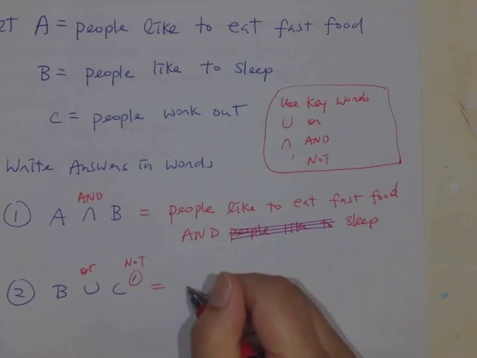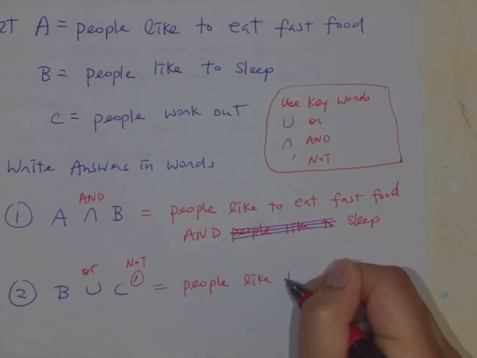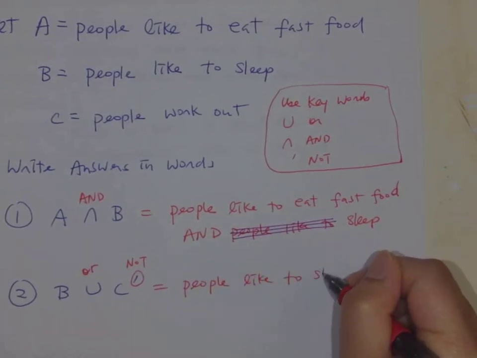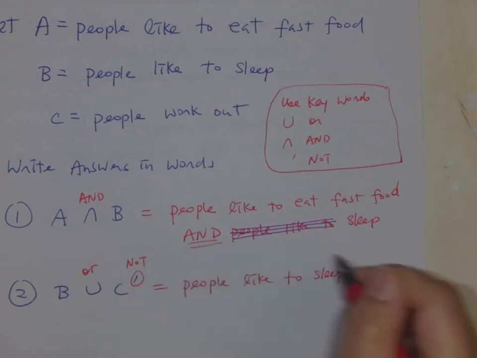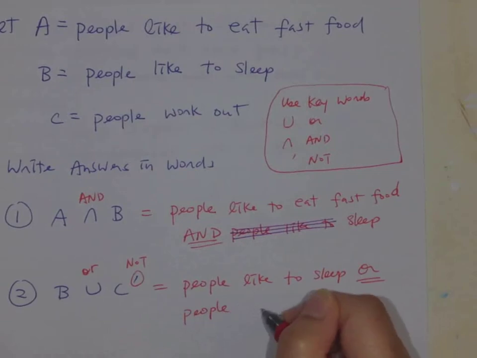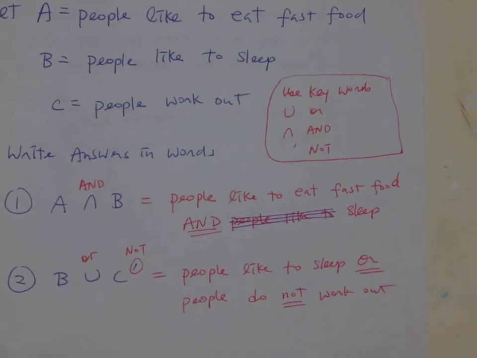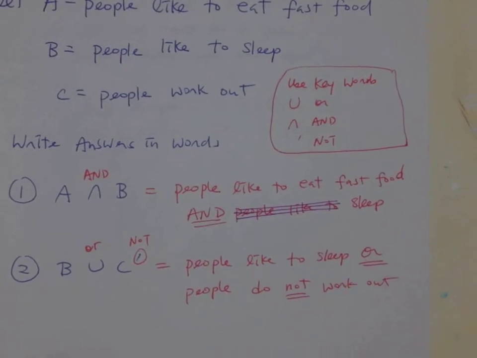Don't work out. So we're gonna say people like to sleep, or people do not work out. Are we okay? If we have something like this on the test, you just translate very straightforwardly. That's okay. Alright, one more example.